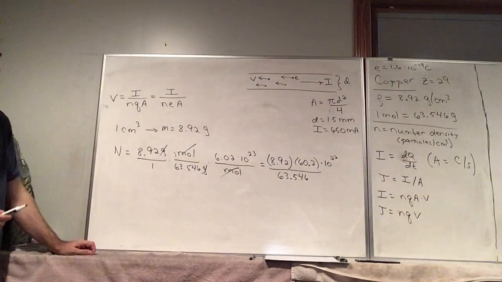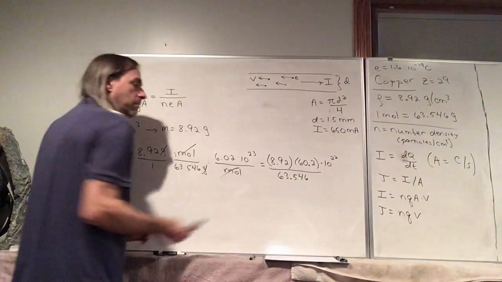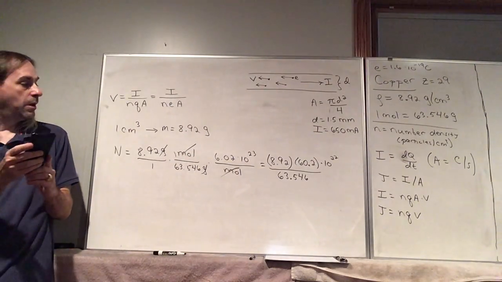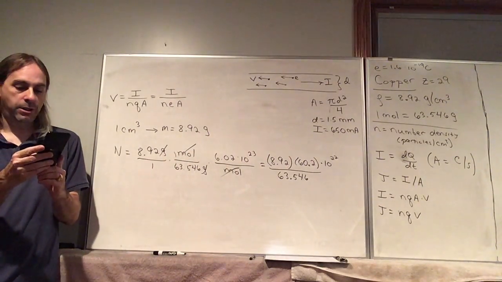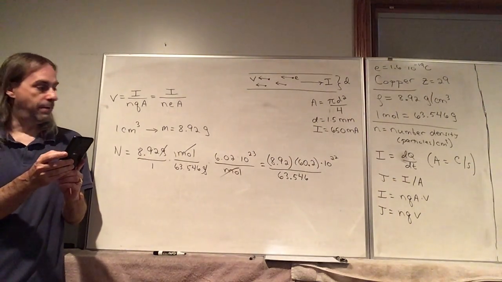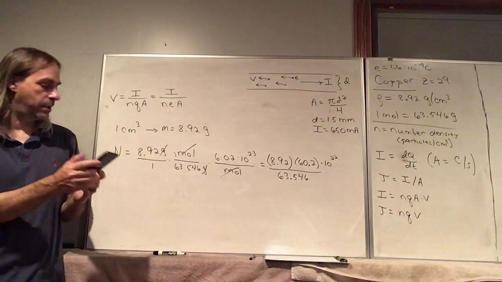And we're just getting a pure number. So let's do this fraction here: 8.92 times 60.2 divided by 63.546.